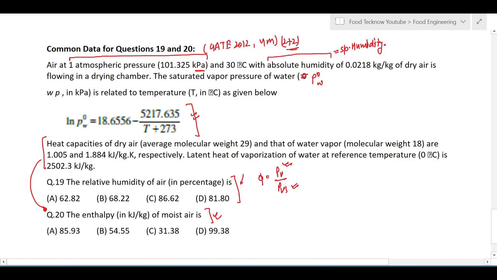But we have to also look at another thing, that this absolute humidity is also given. So we know that this absolute humidity or the specific humidity is equal to 0.622 into PV divided by PT minus PV. Okay, so that's simple for us to understand.